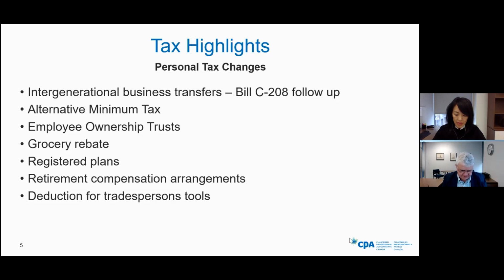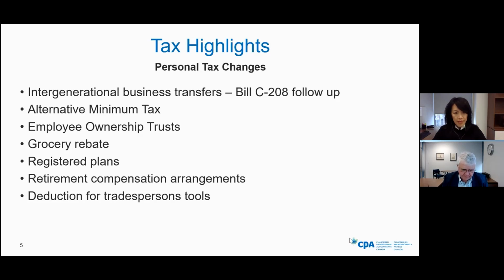So just as an example, the RESP rules, they've increased the amount that can be withdrawn as education assistance payments to $8,000 if you're a full-time and eligible student, and $4,000 for part-time. They've also created a rule that divorced or separated parents can still open a RESP. So both of those changes will be effective budget day if they're passed.